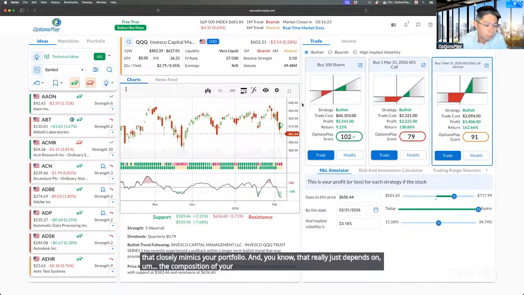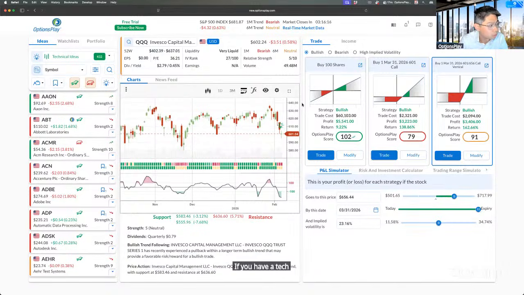Let's say you have a broad-based diversified portfolio, maybe you use SPY. If you have a tech-heavy portfolio, maybe you use QQQ. If you have, let's say, all small cap names in your portfolio, maybe use IWM. But the idea is to find an ETF that closely mimics your portfolio as a starting point.